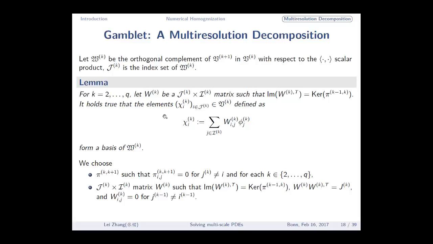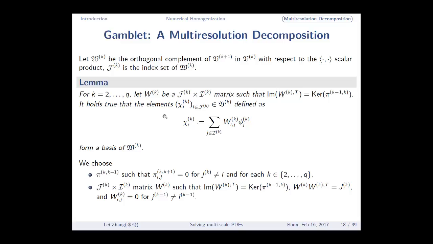Basically, as an algorithm, what do we need to choose? We need to choose this pi, the interpolation from the k plus 1 level to the kth level. We want this to be as local as possible, and we also have freedom to choose W. We choose it such that it satisfies the constraint that the measurement should be equal to 0, and we also want W transpose to be identity.